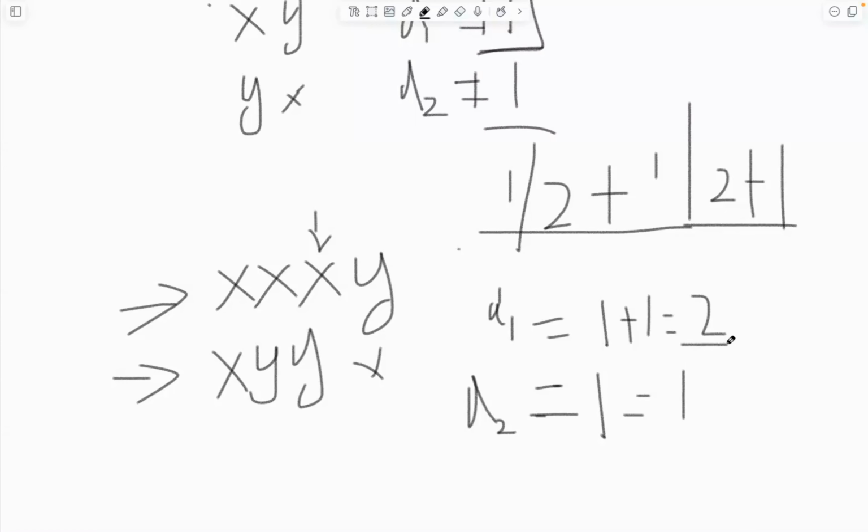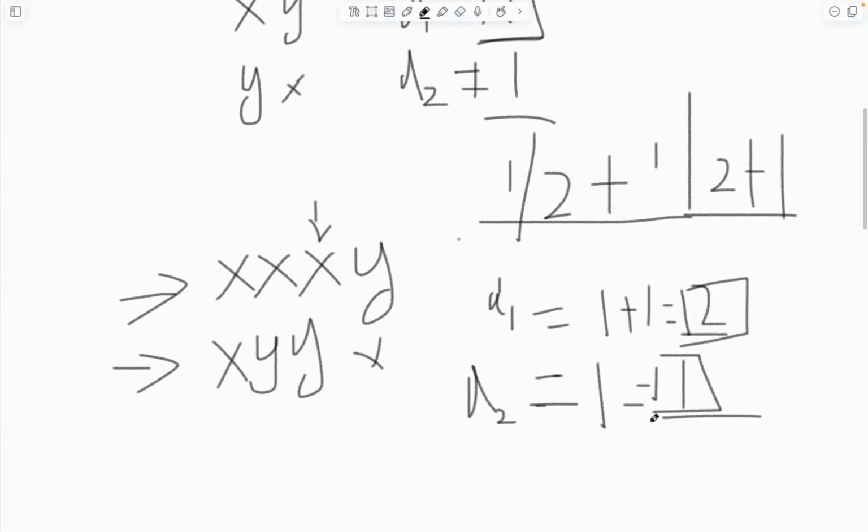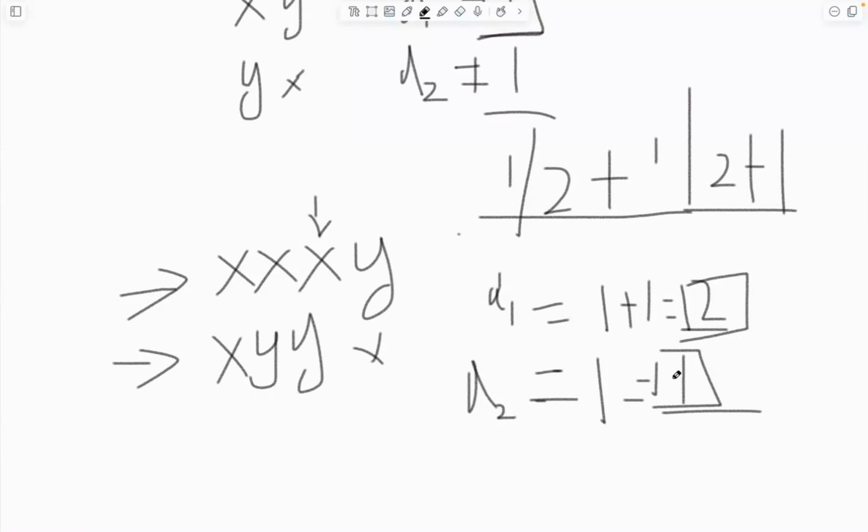So in the third test case, one is even and the other one is odd, which means no matter how many times we swap, we cannot make the two strings equal.